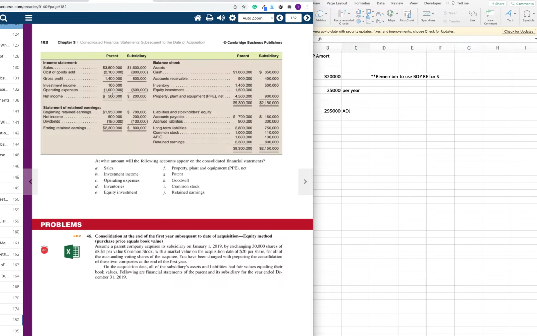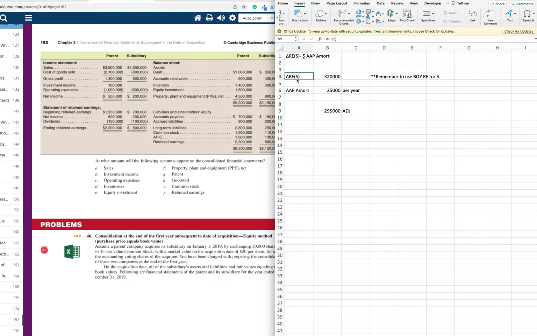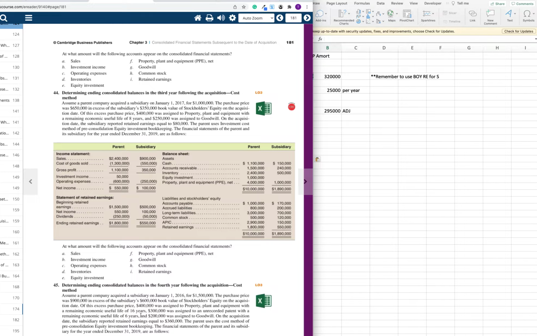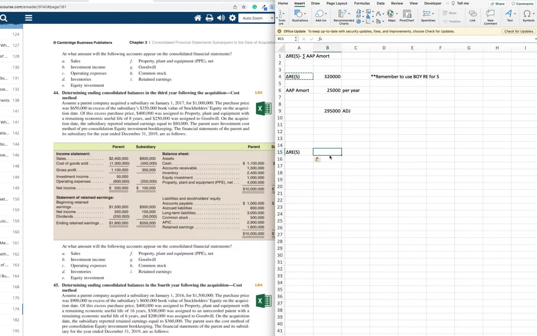So let's jump over there. We'll do our change in retained earnings first. So I'm going to just copy this down. So beginning retained earnings was 700. So we'll say, I'm going to go back. I think it was 360, but yeah. So we'll say equals 700 minus the retained earnings from the date of acquisition of 360.